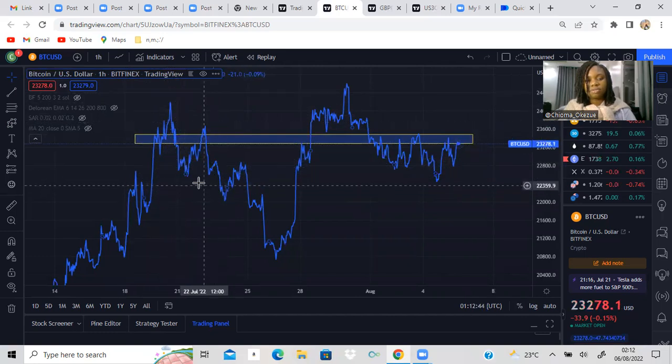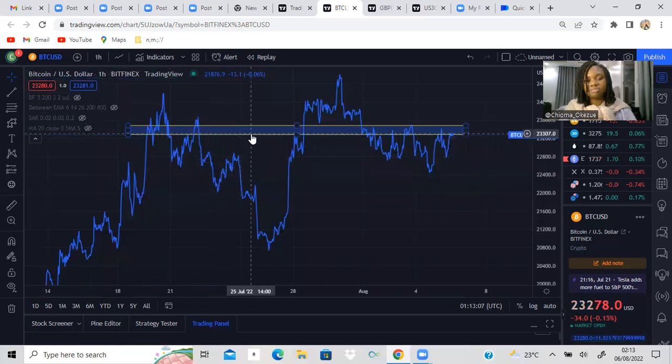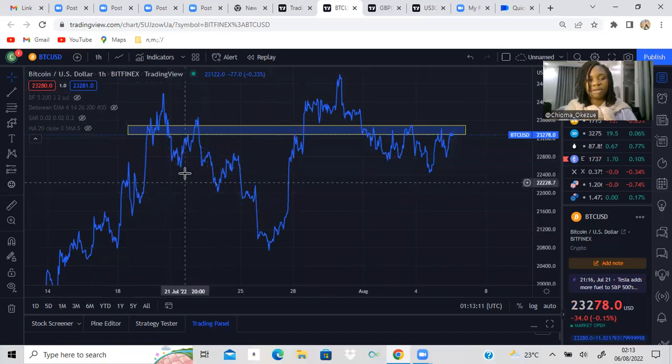So you can see, let's use here a lower low, a higher low, a lower low, a higher low. You can see the market did this. And what do we need? A break of structure. Now, this is my higher low, this is my lower low.